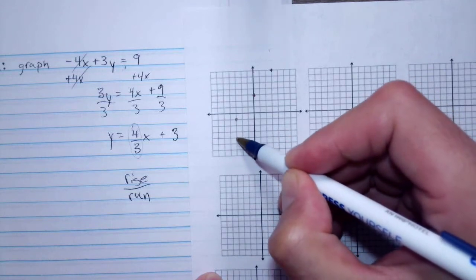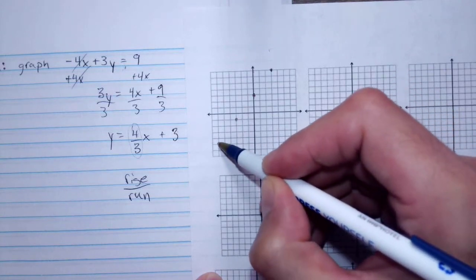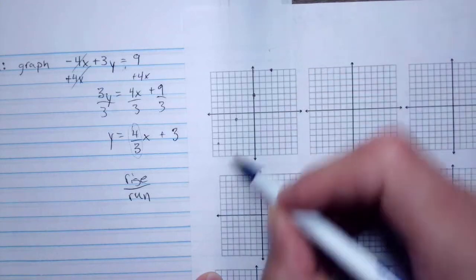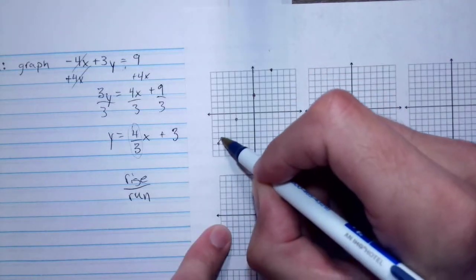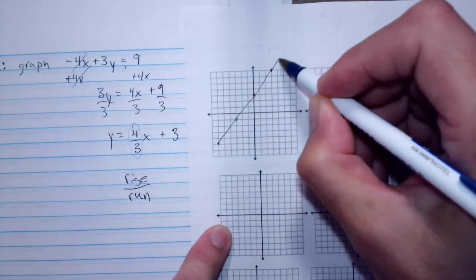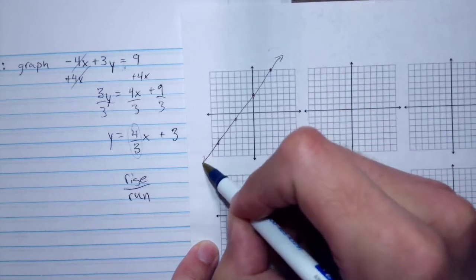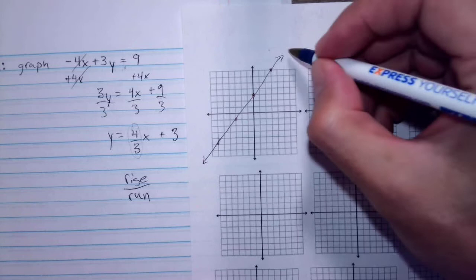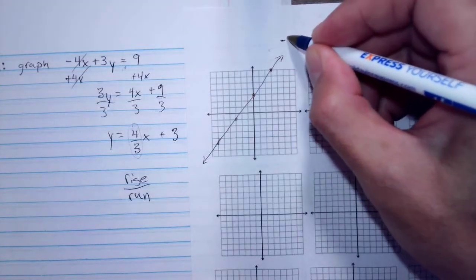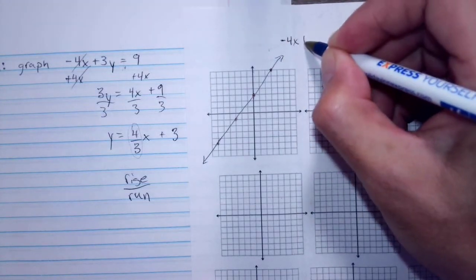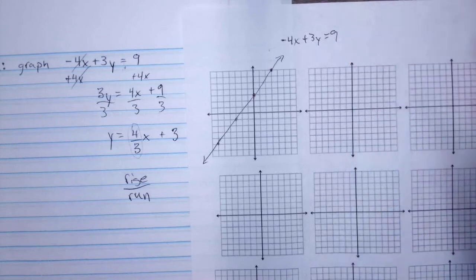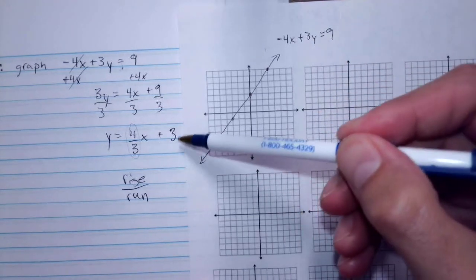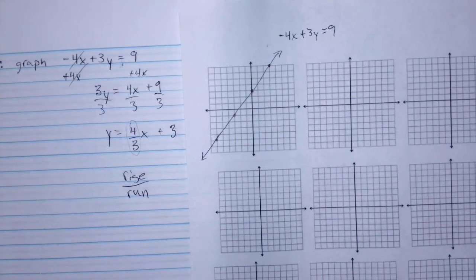I think it's important to do that so that you have points for the whole entire graph. So that would be the same as graphing negative 4x, our original, plus 3y equals 9. That's the same thing as this. So I just wanted you to recall that.